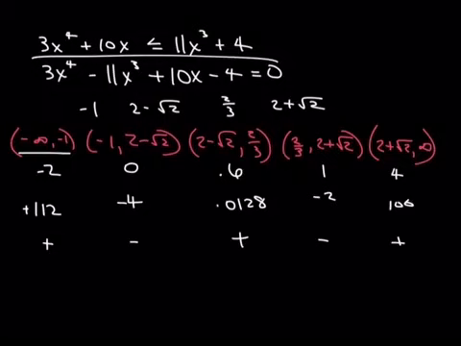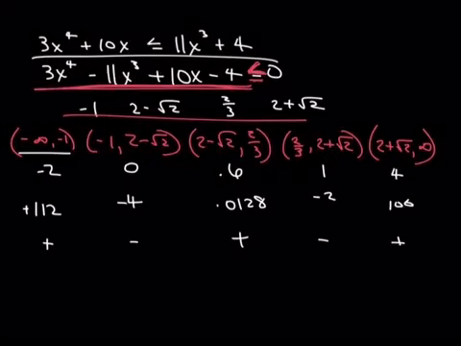So what does that tell us? In our original one, I went right away from this inequality to this equality. When I pulled everything over, originally this was less than or equal to 0, and then I set it equal to 0 in order to get my intervals. But I'm interested in when the y value is less than or equal to 0.